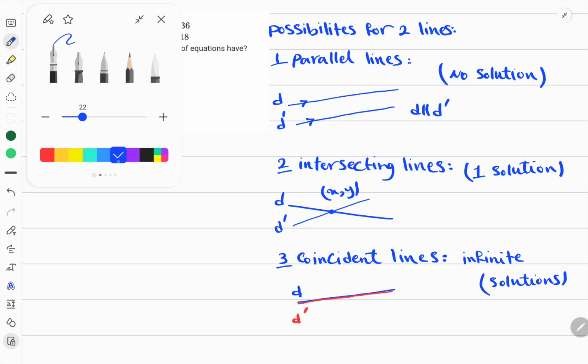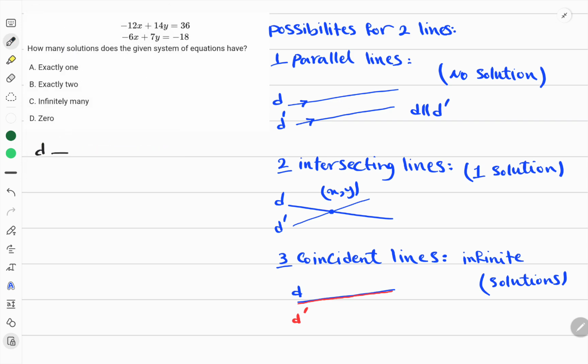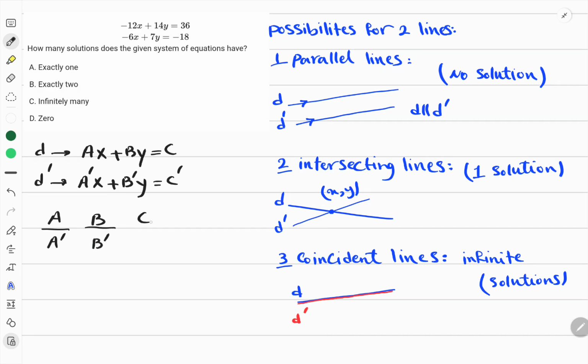Imagine that for line D, we have ax plus by equals c, and for line D prime, we have a prime x plus b prime y equals c prime. The next step is to compute the ratios of coefficients, which means a over a prime, b over b prime, and c over c prime.